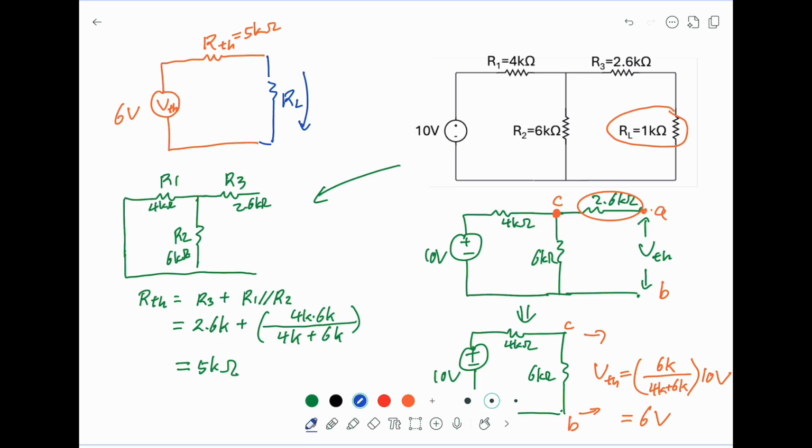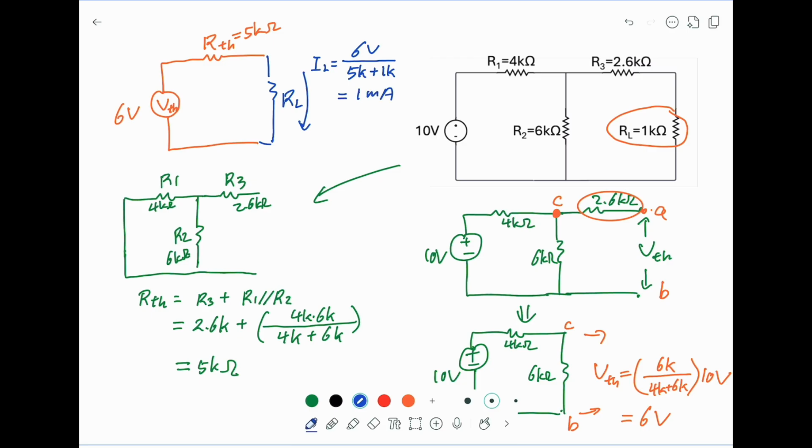So this current I passing through the load is equal to V, the Thevenin voltage, 6 volt, over the overall resistance, which is the 5K plus the load resistance, which is 1K. So this is equal to 1 milliamp.